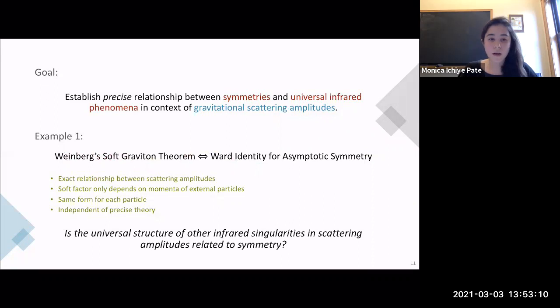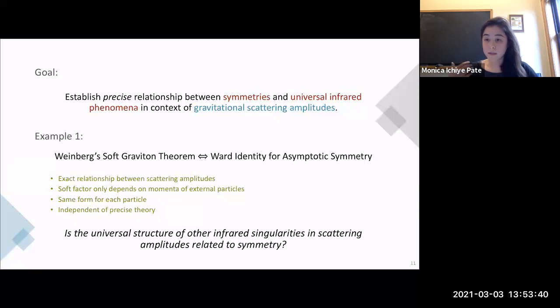Weinberg's soft graviton theorem is usually thought of as a statement of universality of the infrared, and included in that are the following points. It's an exact relationship between scattering amplitudes, the soft factor only depends on the momenta of the external particles and takes the same form for each particle, and is independent of the precise theory.